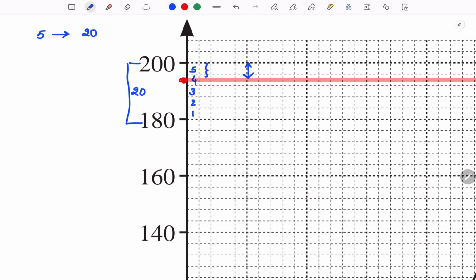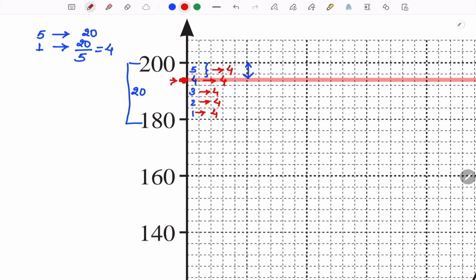So one block will denote 20 divided by 5, which is 4 students, right? So this block will share 4, this block will share 4, this one 4, this will also share 4, and this one will also share 4 students, because 4 times 5 will give you 20. Now where are we?